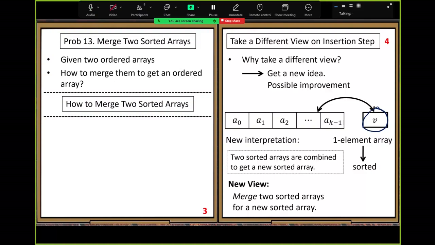The question is the detail. If you recall our insertion operation, it's pretty close to the insertion operation. But we only need to make the necessary modification for the merge case.